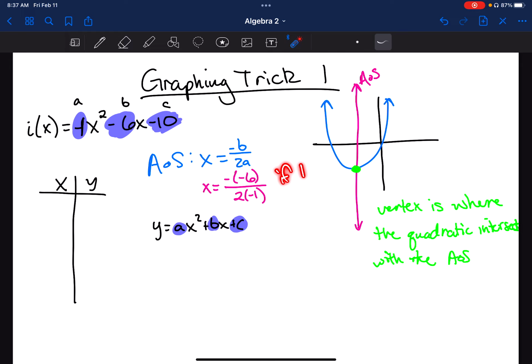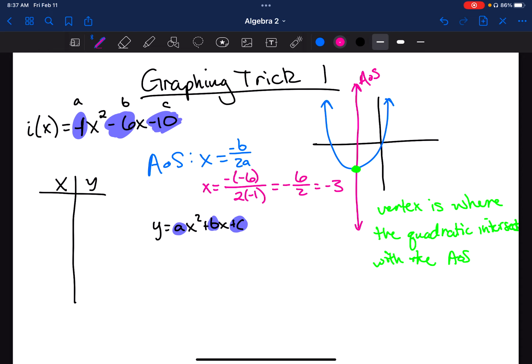If the number of negatives is odd, this whole thing is going to stay negative. So this is going to be -6 divided by 2, or -3. What that means is that this axis of symmetry is the line x equals -3.